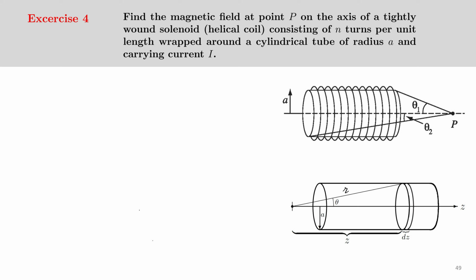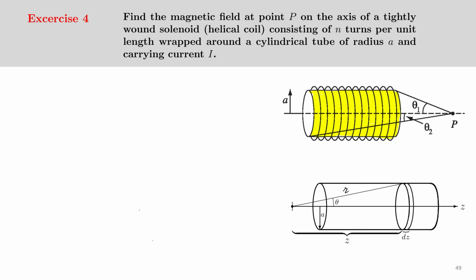So the problem reads like this. Find the magnetic field at point P on the axis of a tightly wound solenoid, that is a helical coil consisting of n turns per unit length wrapped around a cylindrical tube of radius a and carrying a current I. We have a cylinder having radius a, shown in yellow.